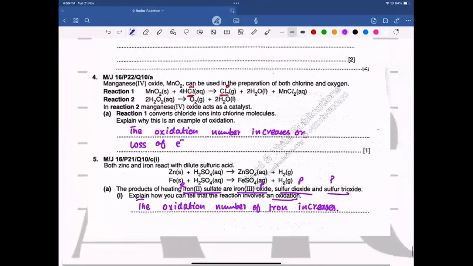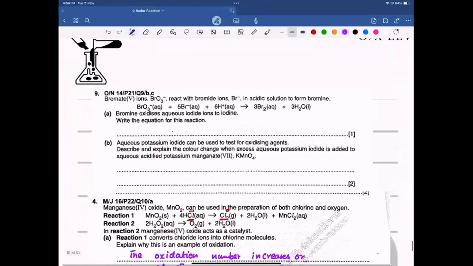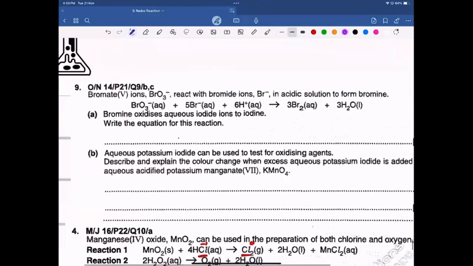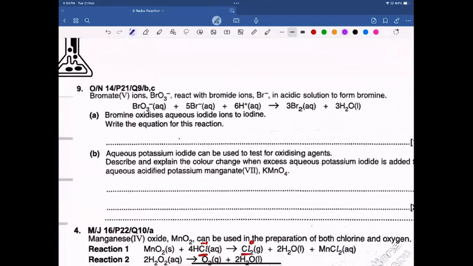Okay, now let's move to question number 9. Bromine oxidizes aqueous iodide to iodine. So iodine is going to be the product and the reactants would be iodide and bromine.